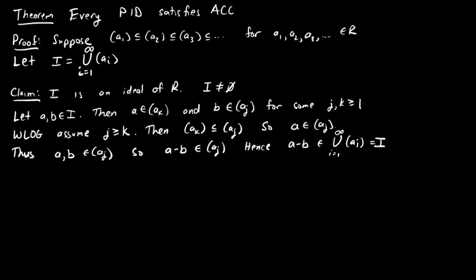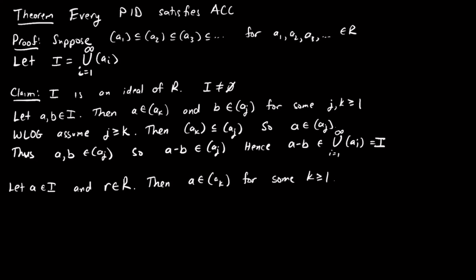So now let's check that I absorbs elements of R under multiplication. Let a be an element of I, and r be an element of my ring. Well, then what do I know? I know that a is an element of the ideal generated by A_k for some k bigger than or equal to 1. Well, what does that tell me?